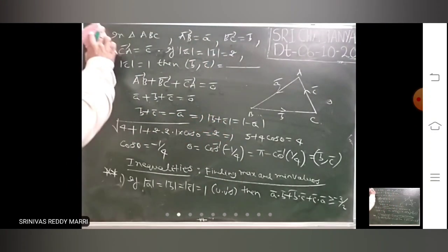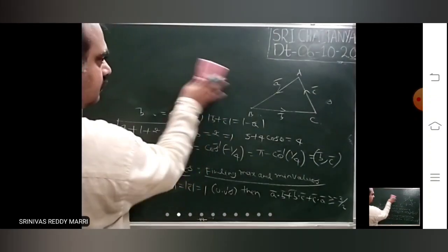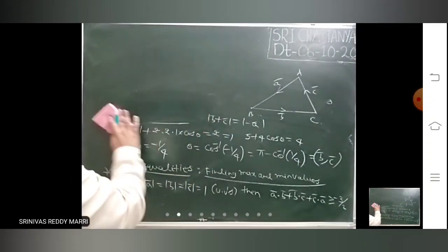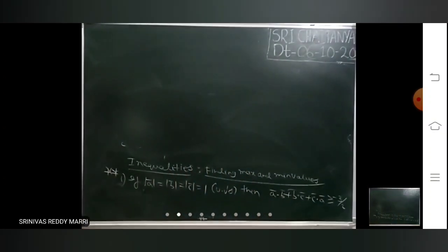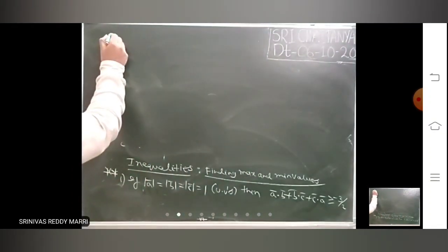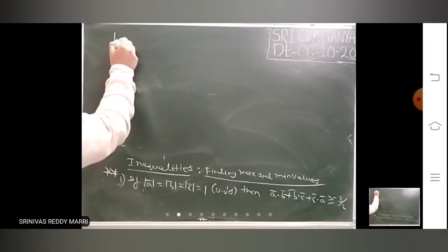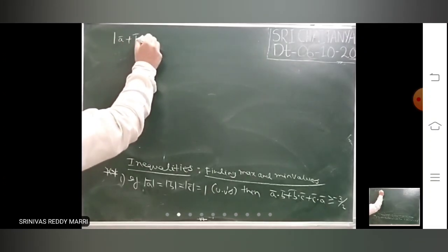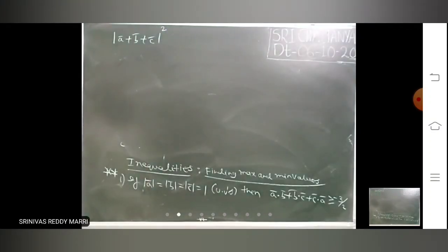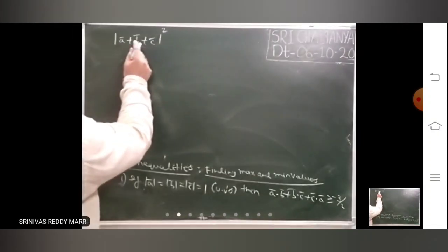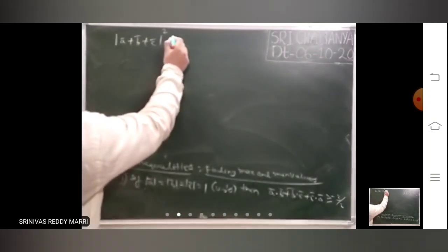Look at how. Suppose you consider this whole square. This is the magnitude of the vector, whole square.